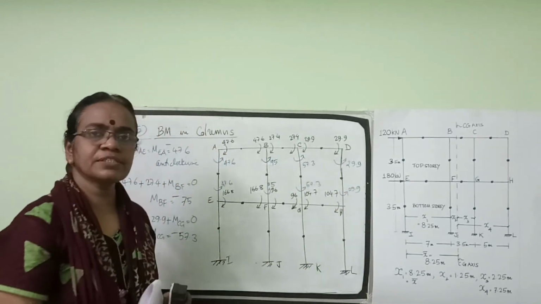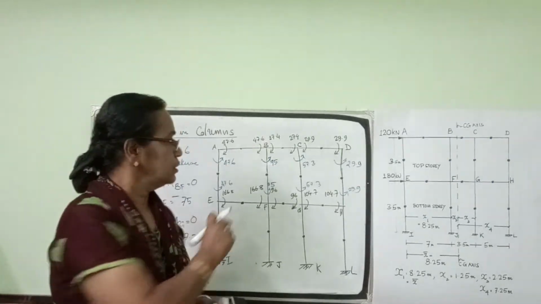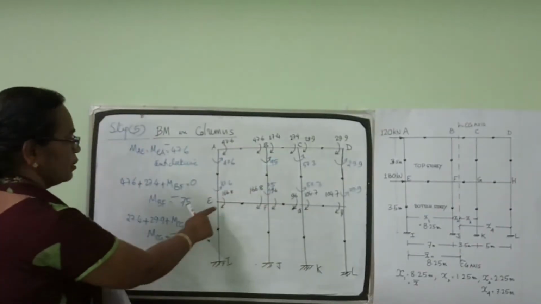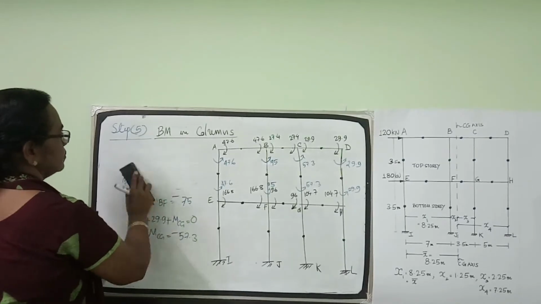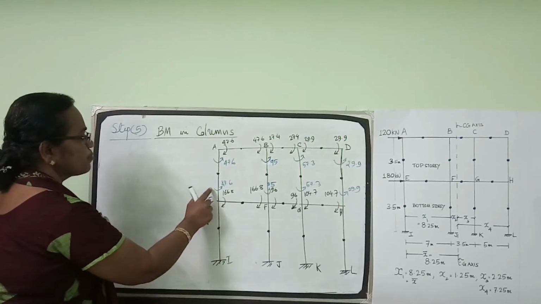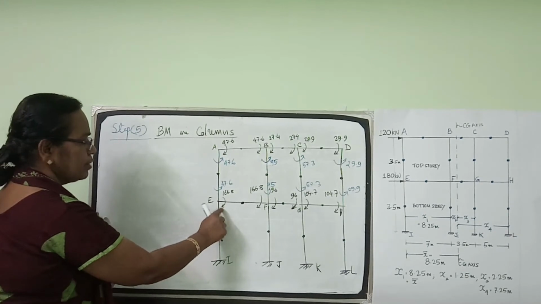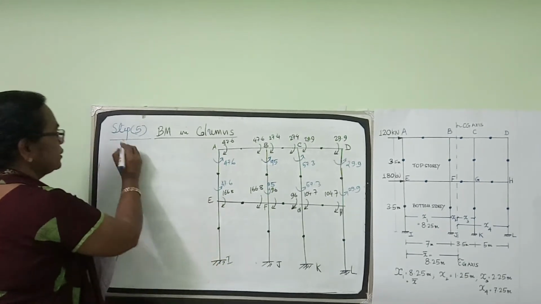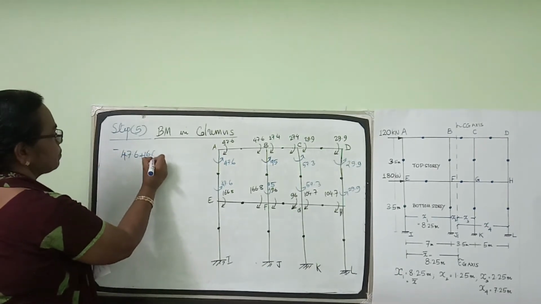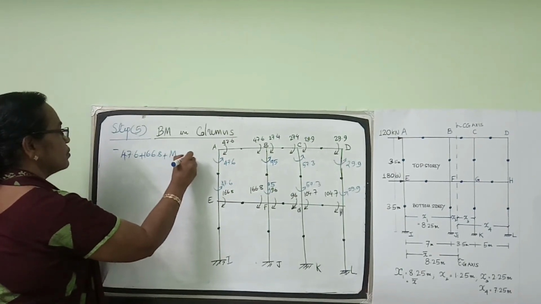So thus we have got the bending moment in both ends of all the columns of the top story, just by looking into the joint equilibrium. Now coming to the bottom story. Bottom story column EI. So there is 47.6 anti-clockwise, 166.8 clockwise. So what will be the bending moment in EI? We can write minus 47.6 plus 166.8 plus MEI is equal to 0.